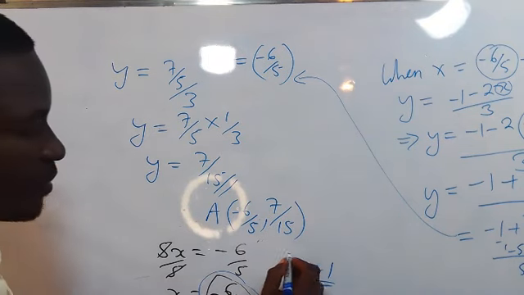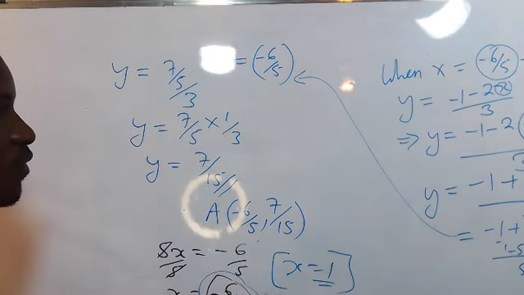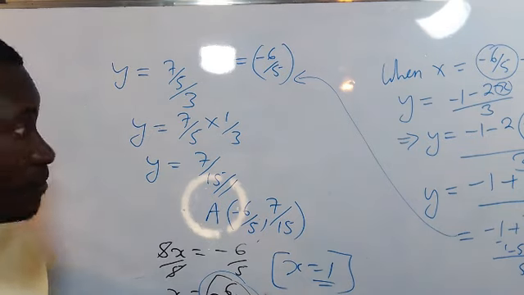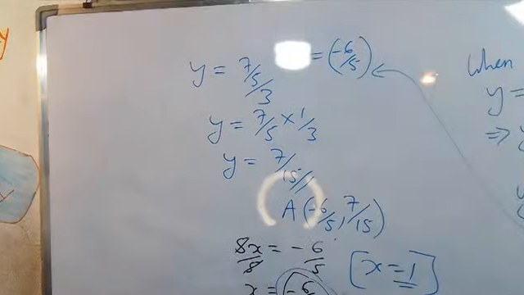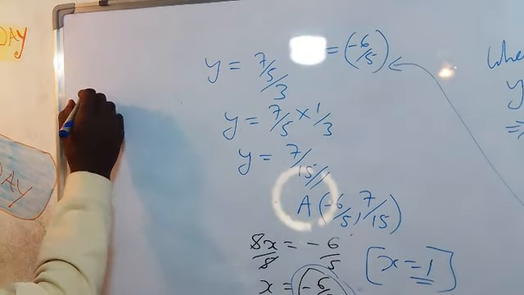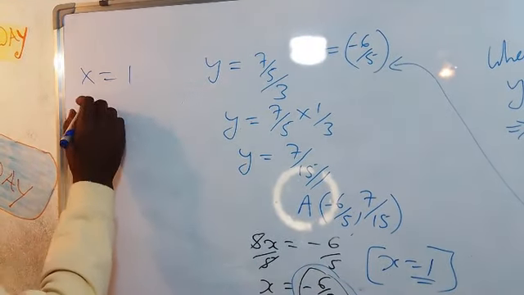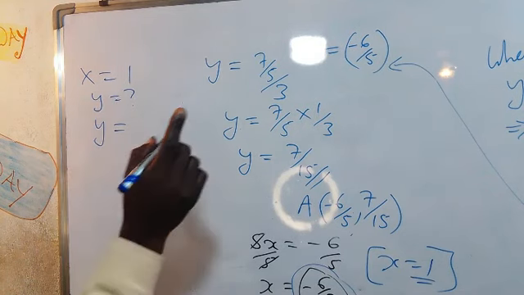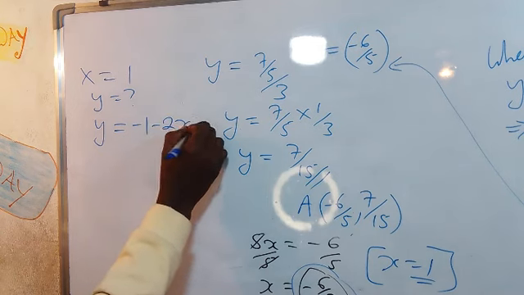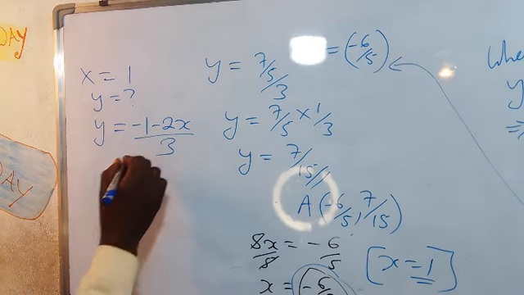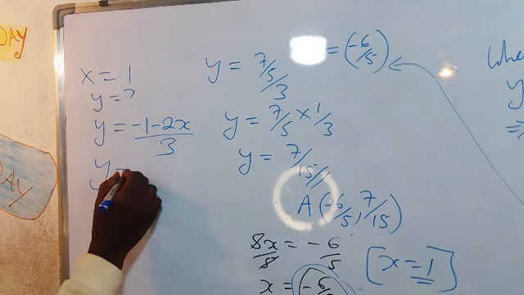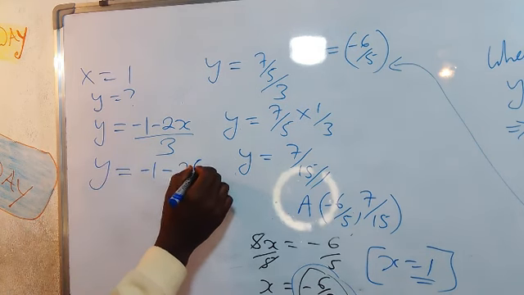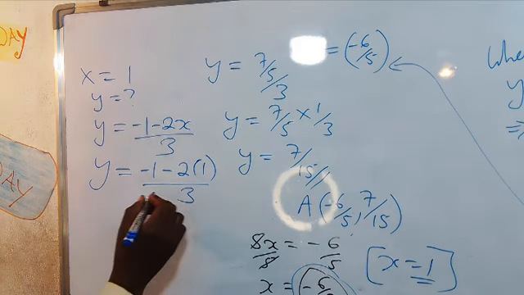So you do the same when x is 1. What is the value of y? So you go back to the same thing. When x equals to 1, y equals to what? We know that y equals to negative 1 minus 2x divided by 3. So y equals to negative 1 minus 2 times 1, divided by 3.